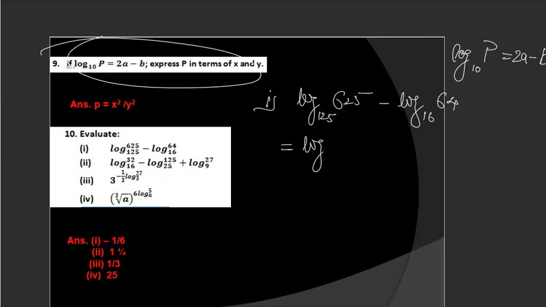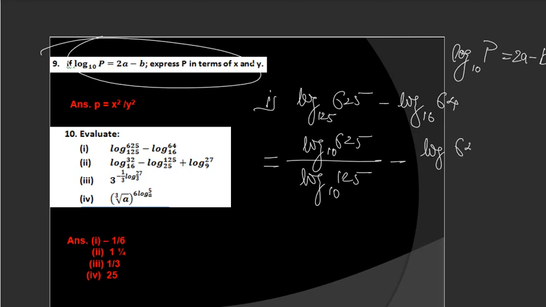So it becomes log of 625 to the base 10, the whole upon log of 125 to the base 10, minus log of 64 to the base 10 upon log of 16 to the base 10.